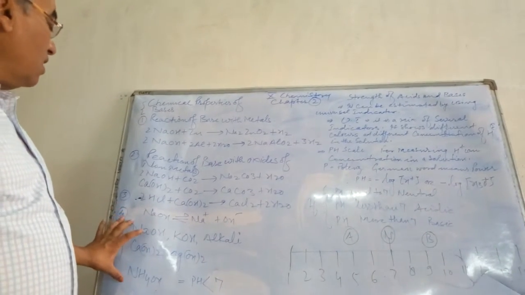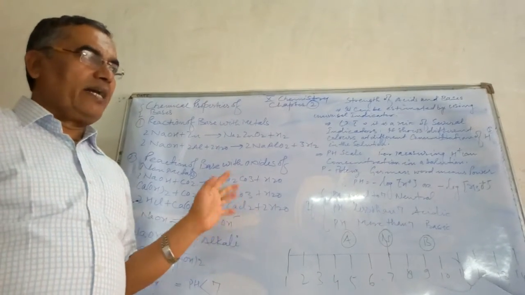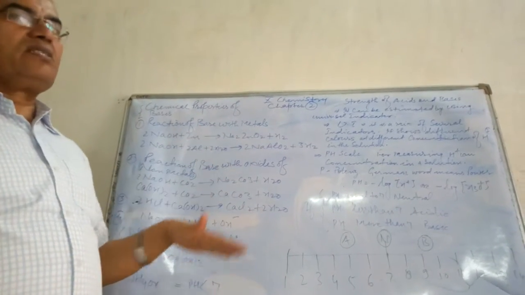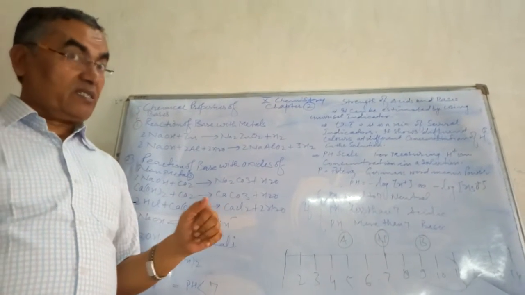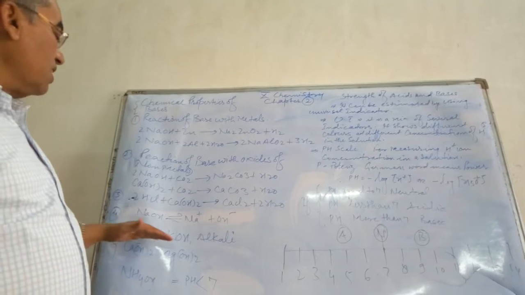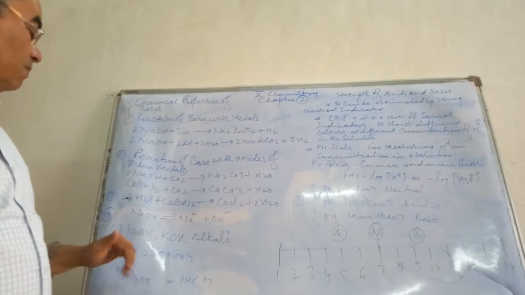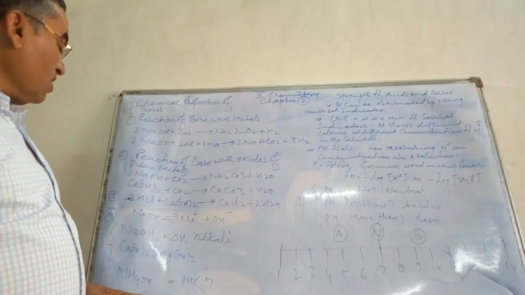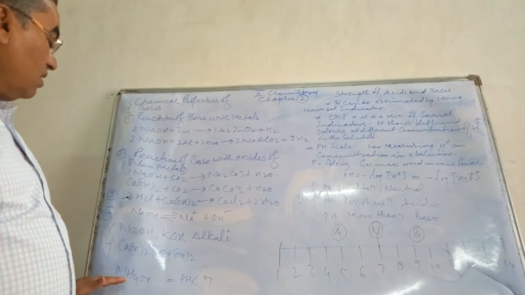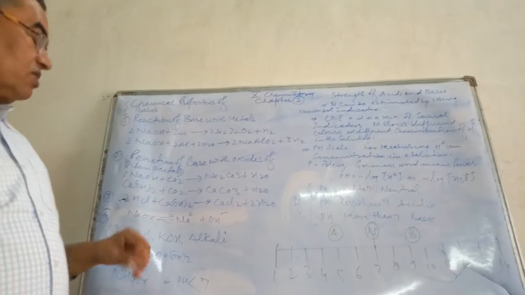Now, on the rate of dissociation of hydroxyl ions in water, bases are considered strong bases and weak bases. Children, strong bases are sodium hydroxide, potassium hydroxide, calcium hydroxide, magnesium hydroxide, and weak bases are ammonium hydroxide and some other hydroxides.